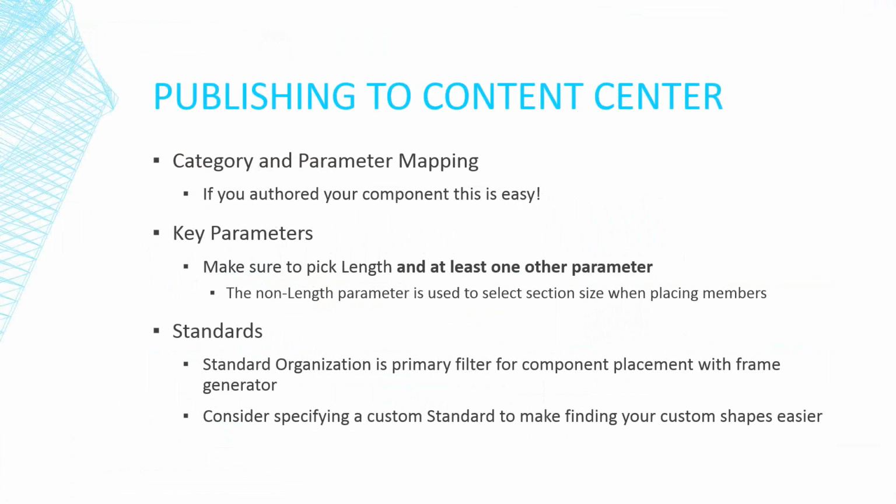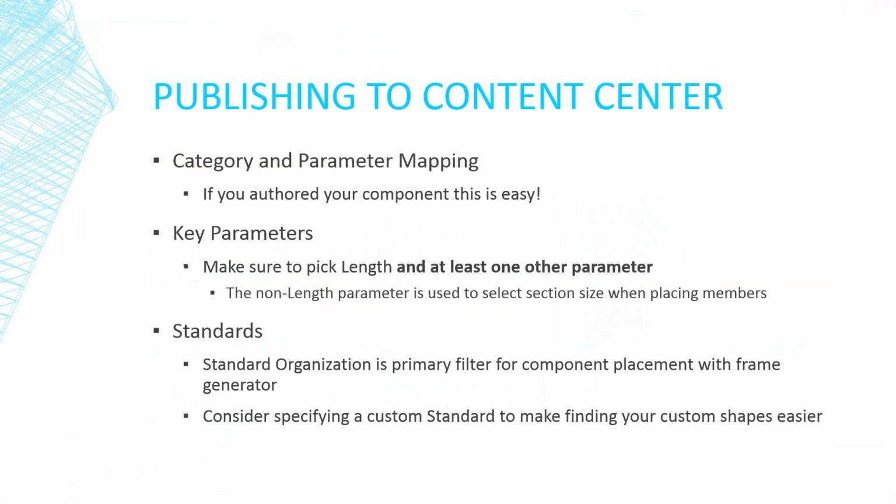You could choose the height or the width usually. If your shape is variable in size, you're going to want to pick enough key parameters so that you can completely define a specific row of the table. So if you have variable width and height and thickness, let's say.